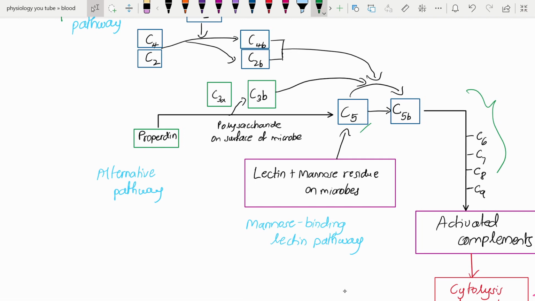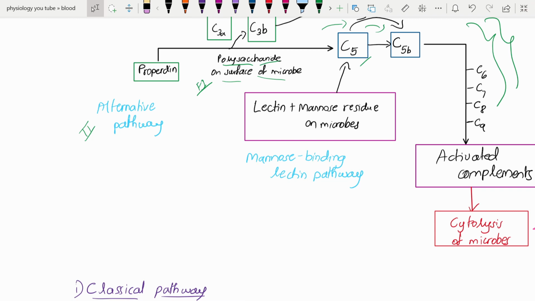And then the second one, that is the alternate pathway. Here, factor 1 will recognize the polysaccharide on the surface of the microbe. It will activate C3, that will activate C5 again. Once C5 is activated, there is a formation of the activated complement complex.